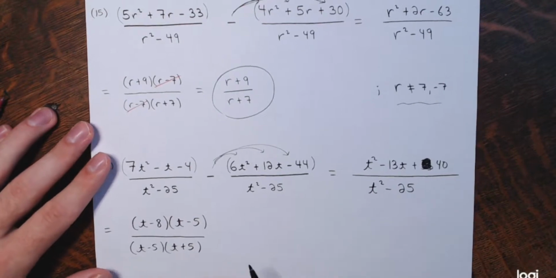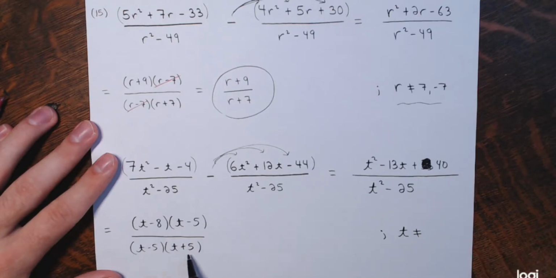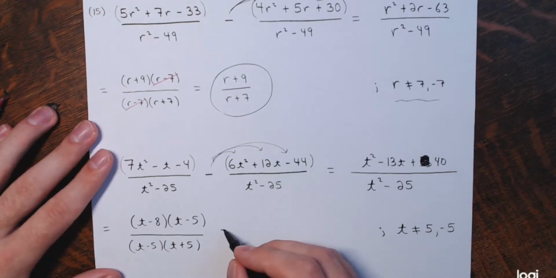And even before I cancel, I can tell you right now the values of t I can't use. Hopefully it's obvious that I can't use 5 for t. I can't replace t with negative 5 either, because either way, you're getting a denominator of 0 throughout this problem, and you can't divide by 0.